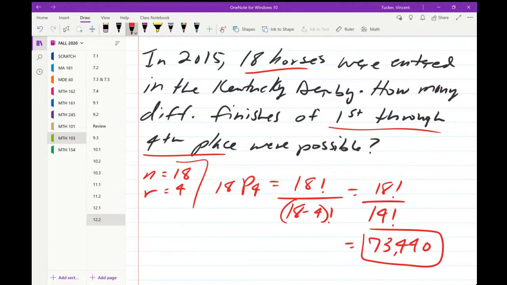All right, so 18P4. And when you do the work on that, you get 73,440.